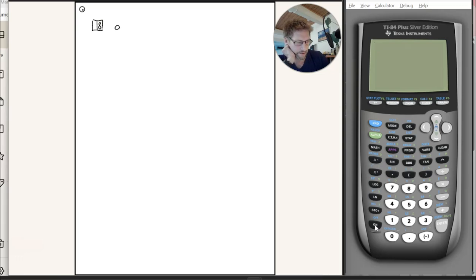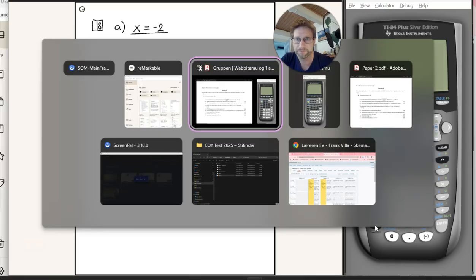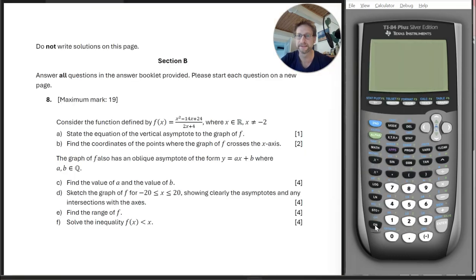And then for sub-question A, the answer is really just that the equation is x equals -2. Notice that just writing -2 is not an equation, and unfortunately there is only 1 mark to get, and you only get that if your answer is an equation. So that is for question A.